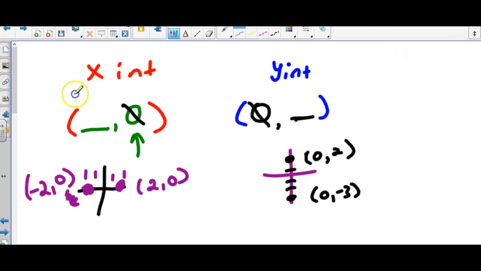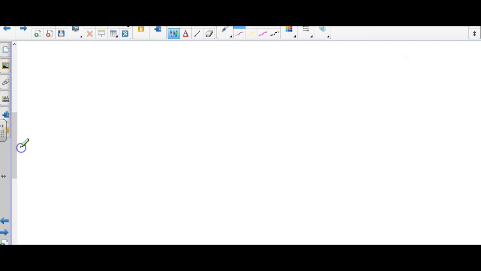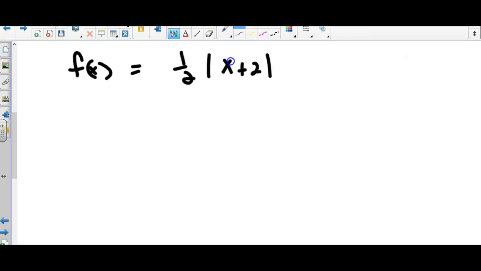Okay, so with that being said, I'm going to write our equation down again. The equation was f(x) equals 1/2 times the absolute value of x plus 2, minus 3. So I'm going to find the x-intercept first using this equation.